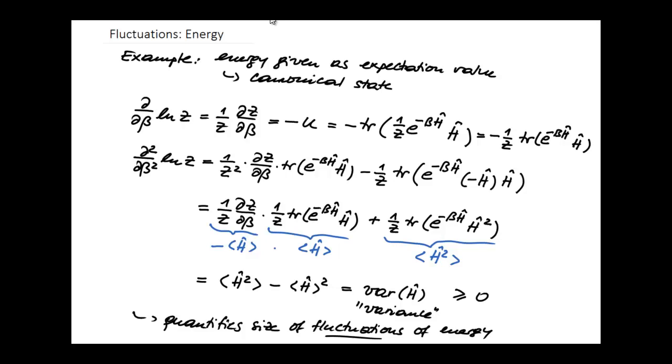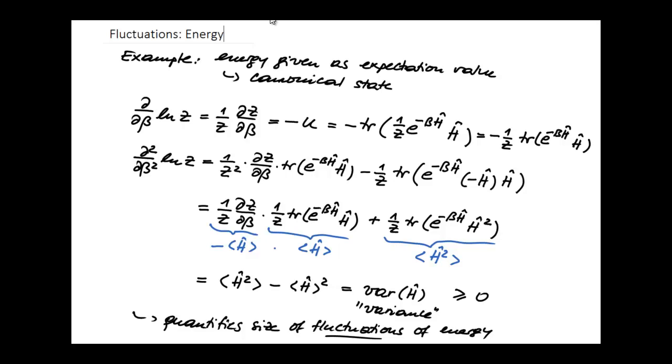Okay, so we have a formula now for the size of the fluctuations of energy in a system where the energy is not given as a sharp constraint. In that case, you wouldn't have fluctuations because it's given as a sharp value. But if the energy is only given as an expectation value, then of course you can have fluctuations around this expectation value.